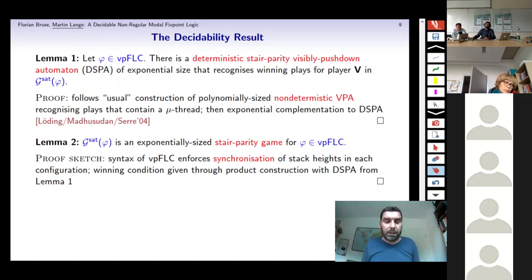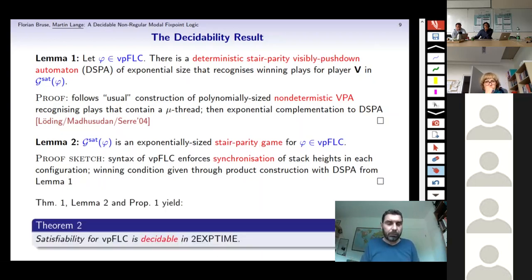And this is why these satisfiability games played on this fragment VPFLC actually look like they're being played on a pushdown graph. And then we can put in this deterministic stair parity automaton from lemma 1 and turn this into a stair parity game.